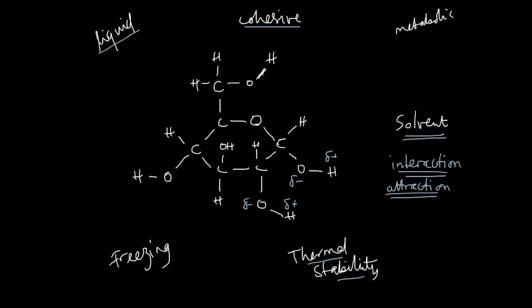So bearing that in mind, what we're just going to do is illustrate how water could interact with this molecule. So what would happen is, for every slightly positive part, water would arrange its slightly negative part towards it and form a hydrogen bond. So for example here there's a slightly negative part, and so water would arrange its positive end towards it and form a hydrogen bond there.